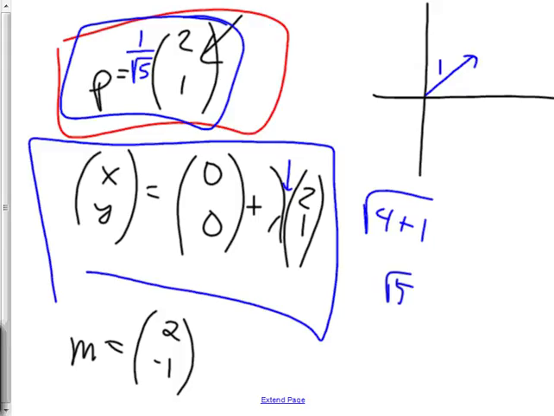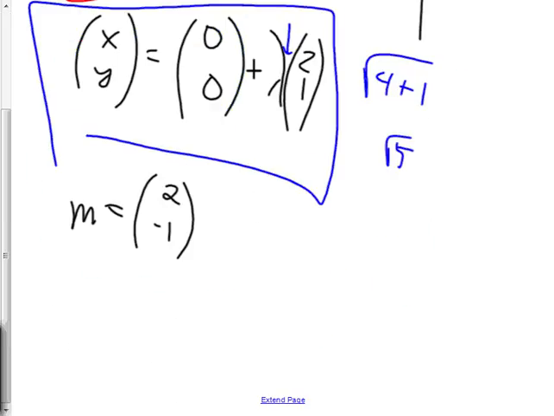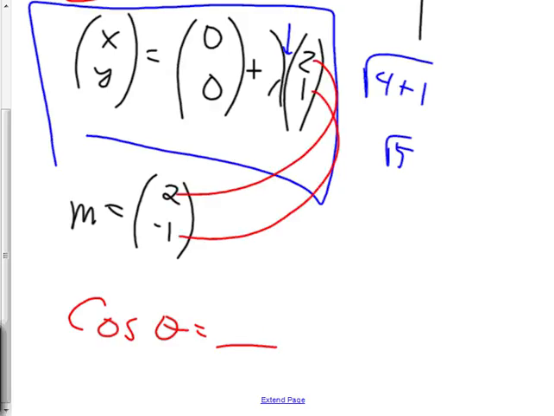Here we go. You should have said cosine of this angle is the dot product over the magnitude times the magnitude. So let's save some time and get right to it. The dot product is 2 times 2 is 4, and -1 when put together make 3. True or false? Did I get that right? Okay, good. Then this other part is the magnitude times the magnitude.